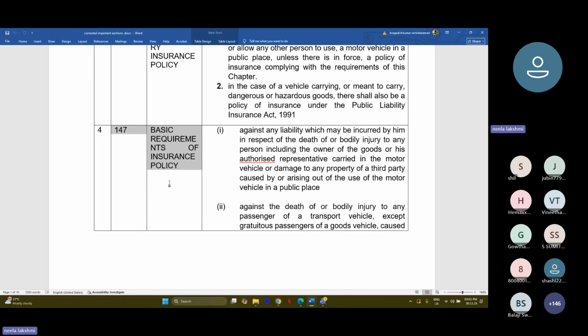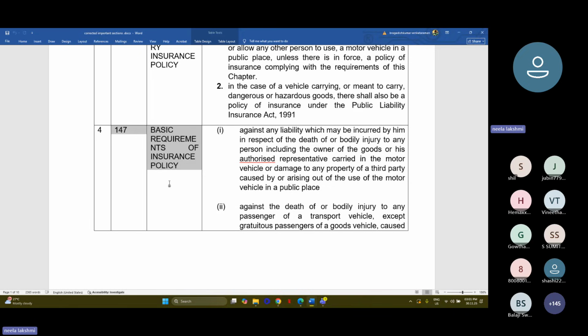They are known as non-fare paying passengers, and the premium can be collected for them. Next, passengers of a third party vehicle or passengers carried in a commercial vehicle also have to be covered as a third party.